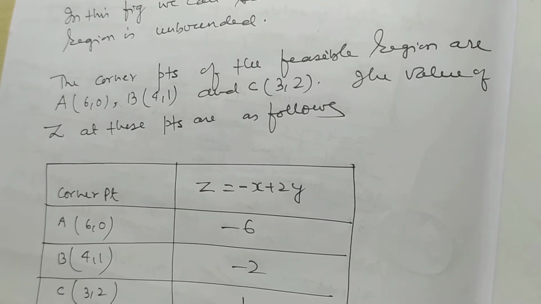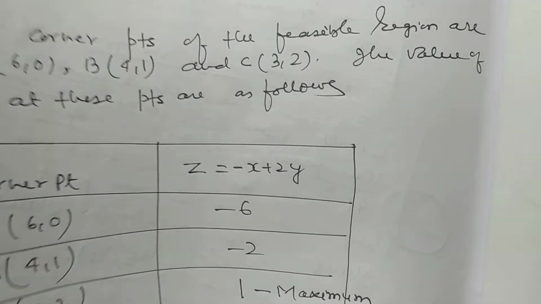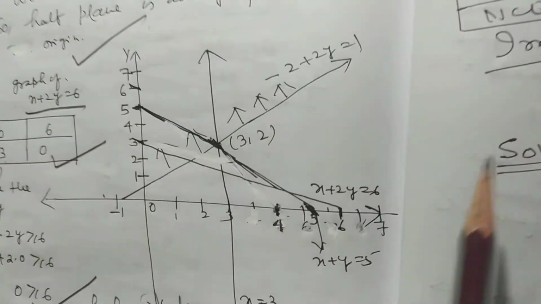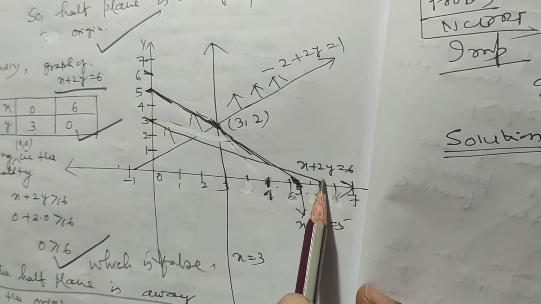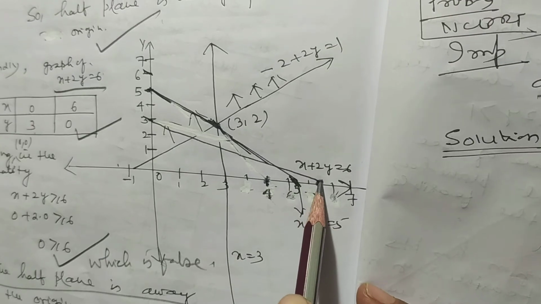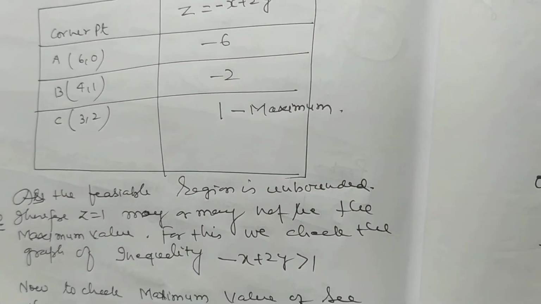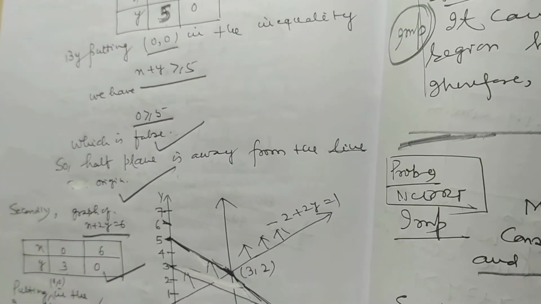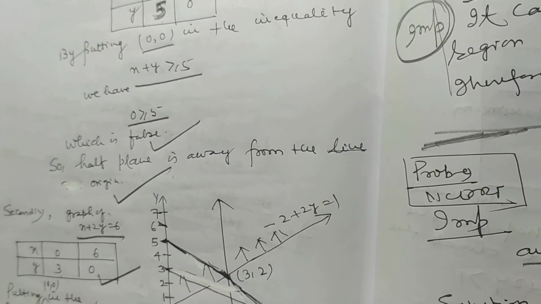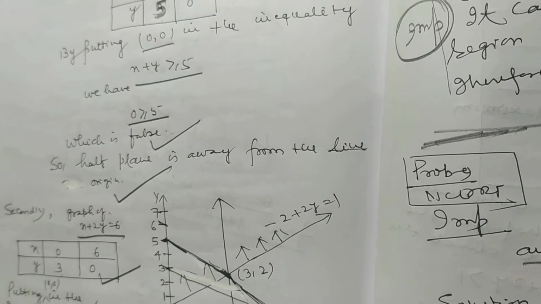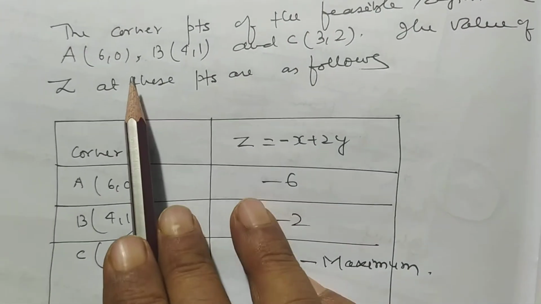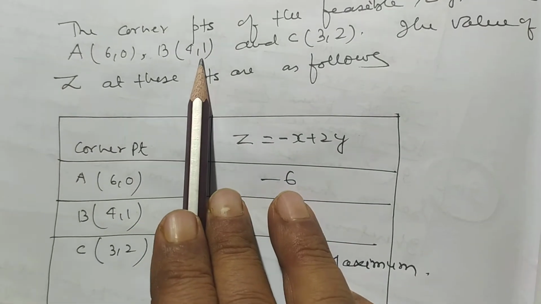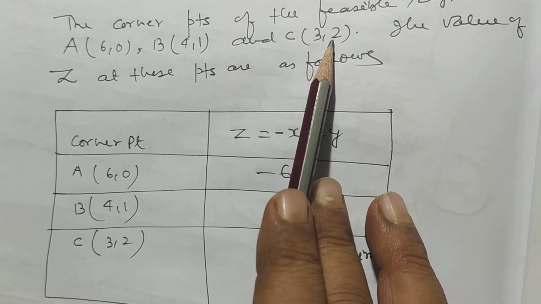The corner points of the feasible region are A, 6, 0, and B, 4, 1, and C, 3, 2.